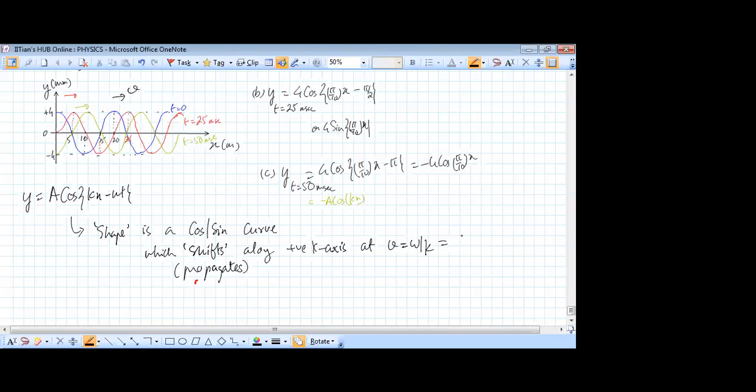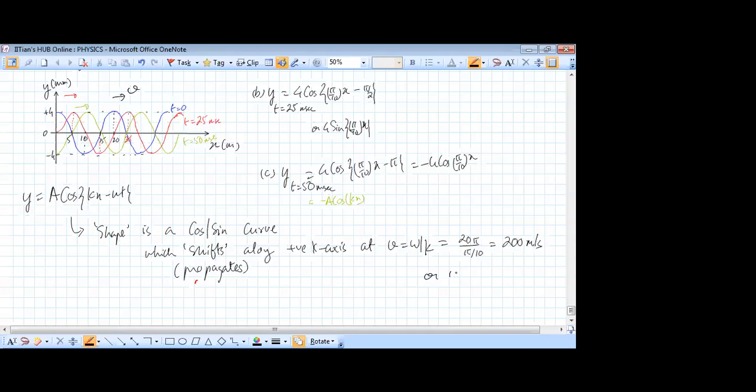Omega was 20 pi and k was pi by 10, so 200 meters per second. And you will understand that here also, because you can see that in 25 milliseconds this peak point has shifted from 0 to 5, then 5 to 10.